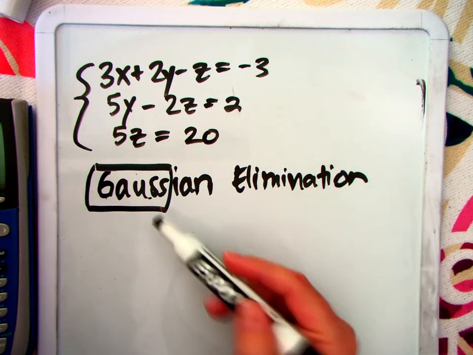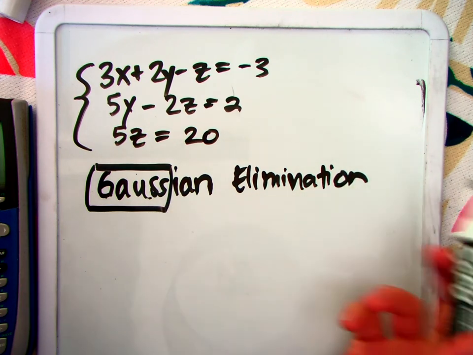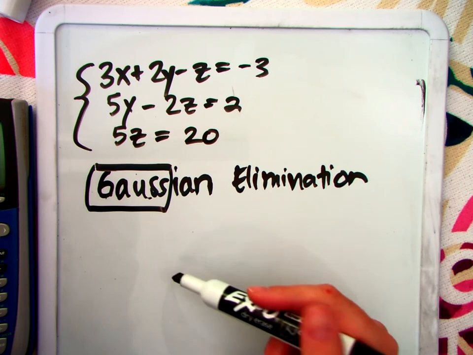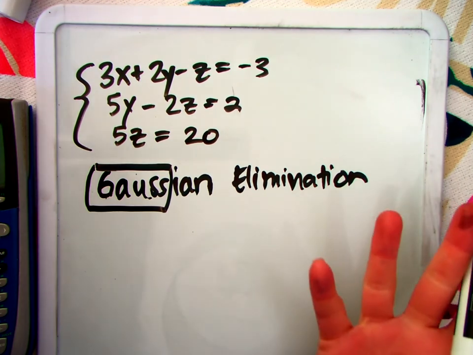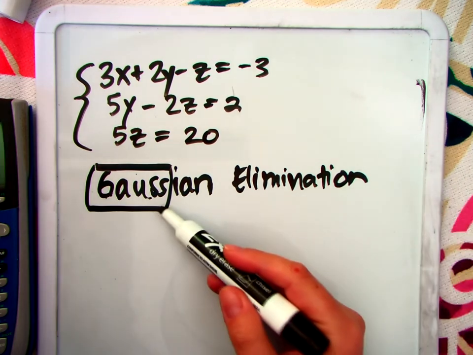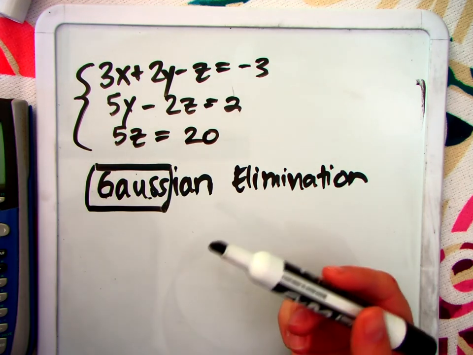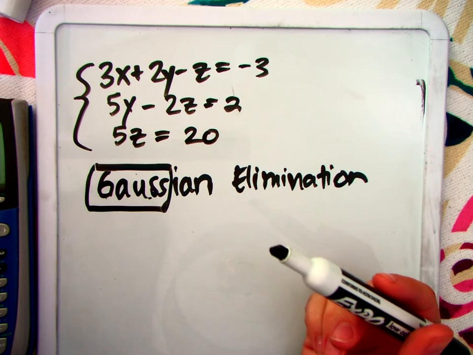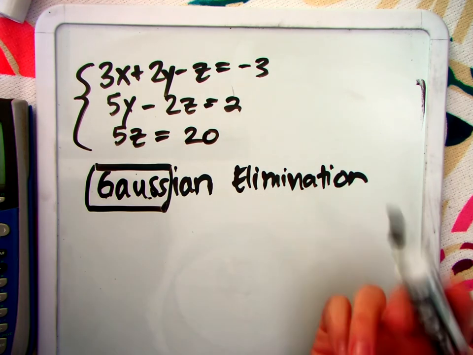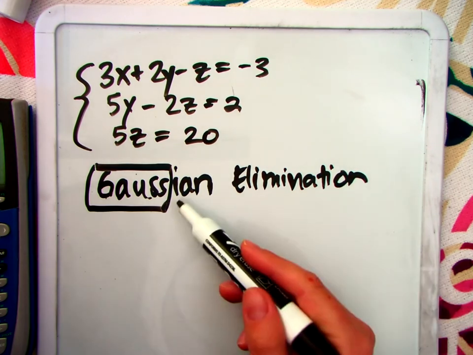So pretty cool to think of somebody doing that back in the 1800s without all the fancy technology that we have now. But per usual, this guy who has this named after him wasn't the first person who actually created this process. It's actually been documented in Chinese literature going back 2,000 years. So it's been around for a while.